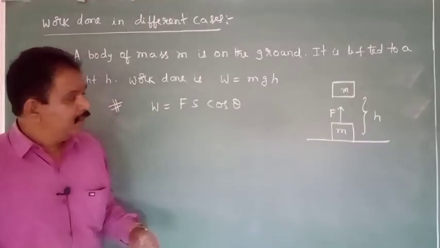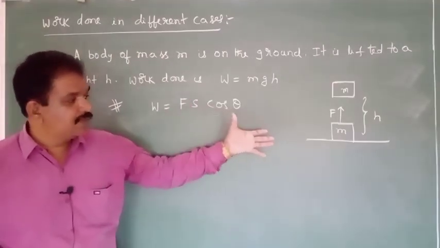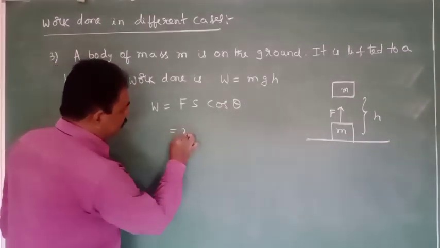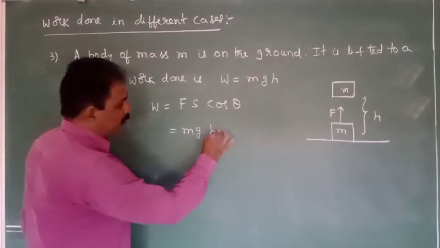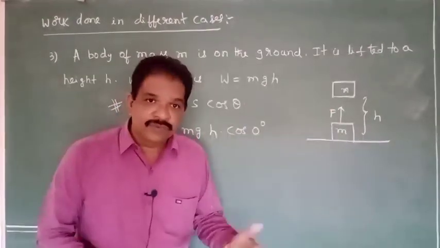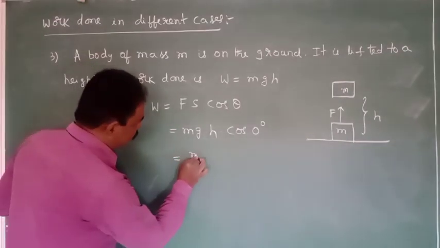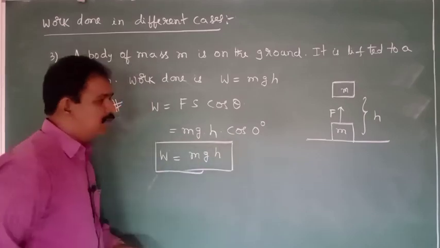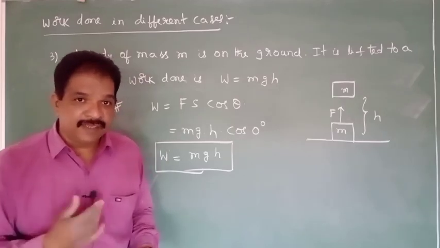The minimum force will be equal to the weight of the body, which is nothing but mg. What is the displacement? h. And what is the angle here? 0 degrees, because the body has moved in the direction of the force only. So theta is equal to 0, then W = mgh. In this way, we get the work done to lift the body to a height h.